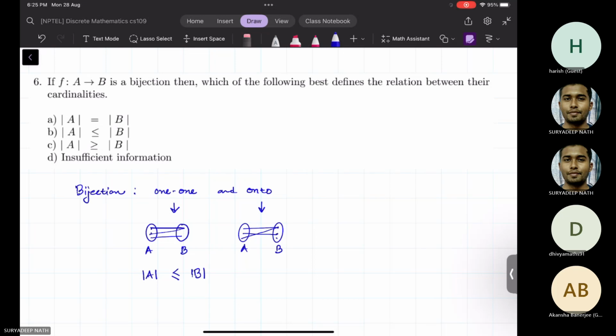It means all elements in B have been covered, so they can be reached from some elements in A. So what do you think about the cardinality of A and B if it is an onto function?